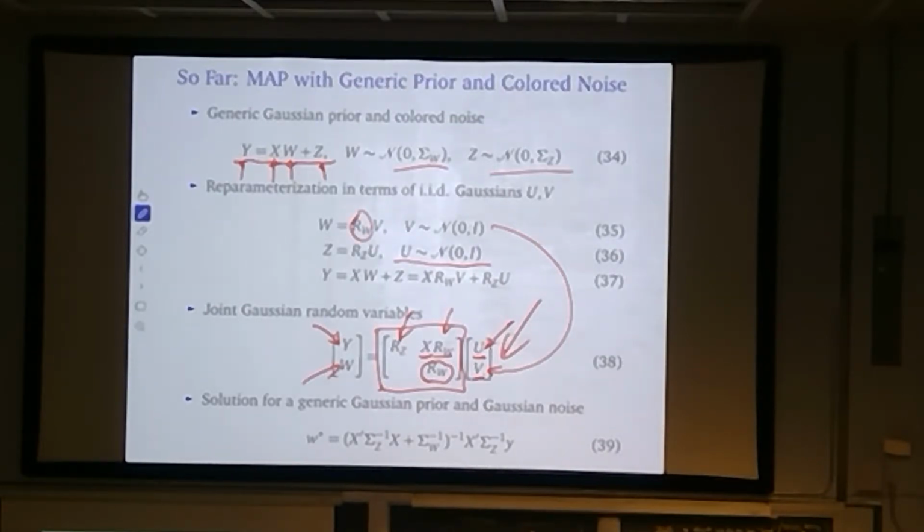So U and V are to be recovered, and this 2x2 matrix only contains known quantities. There are no unknown variables there. And we have Y, we don't have W. So essentially we don't know this, we don't know this, we don't know this. But the relationship between the two sets is just a linear, known relationship.